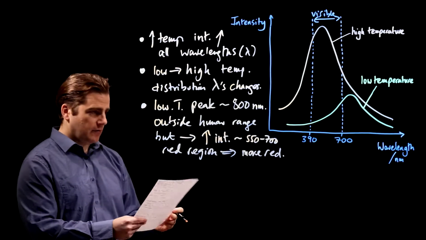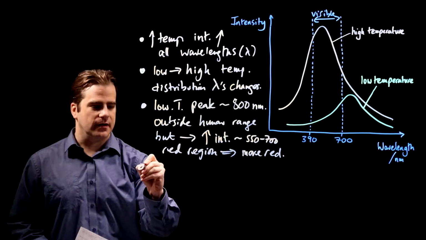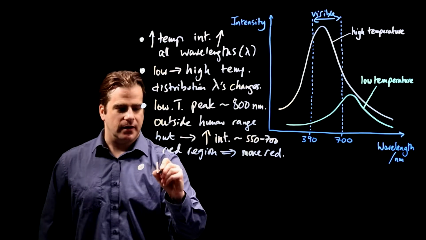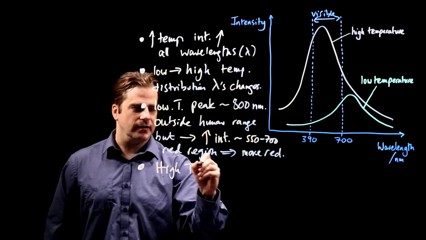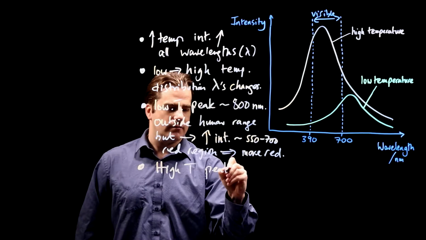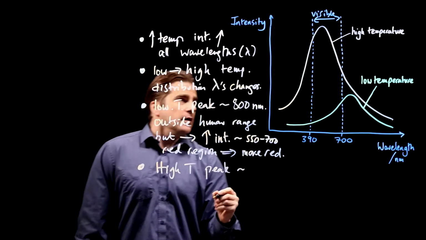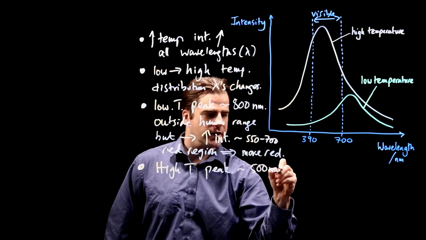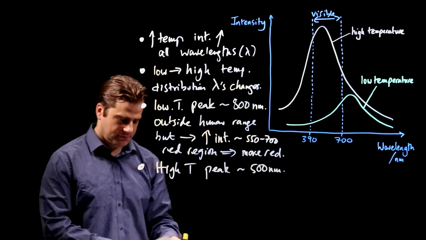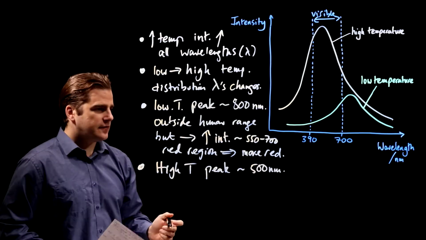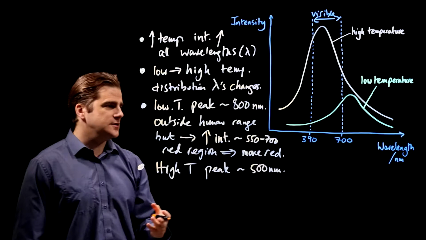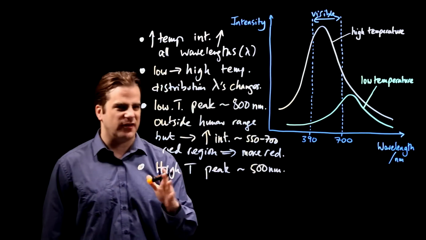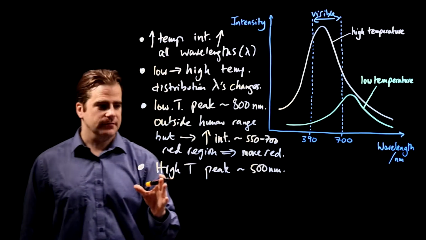Exactly the same thing at higher temperature. So, at high temperature, at high T, the peak is around 500 nanometers. Stating the obvious. So, again, show off your knowledge. You know that from about 390 to around 500, 550 is the blue region.